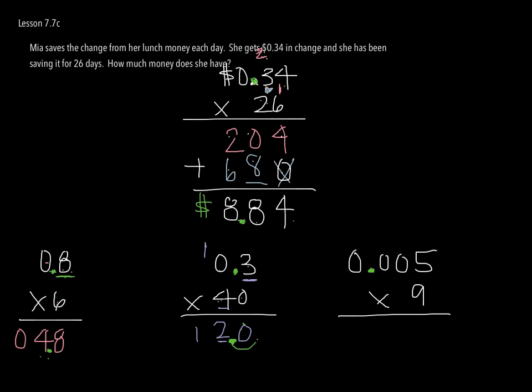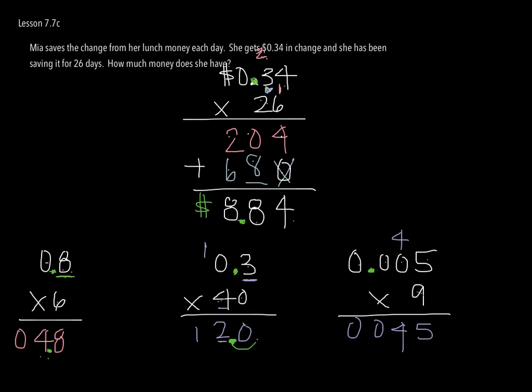Okay? And finally we have 9 times 0.005 or 5 thousandths. Let's multiply this out. 9 times 5 is 45. Write down the 5. Carry the 4. 9 times 0 is 0 plus 4. 9 times 0 is 0. 9 times 0 is 0. Now, we go back to our spot.